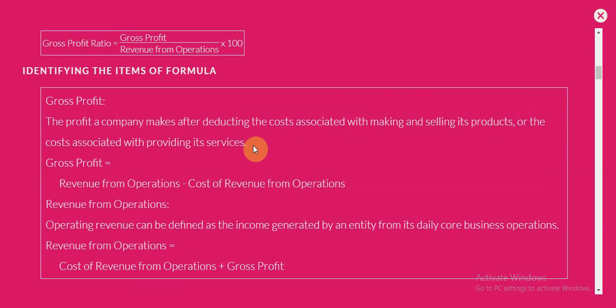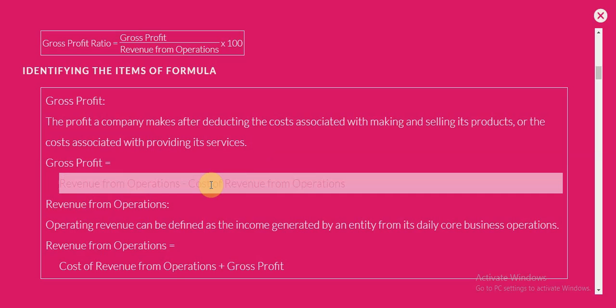See friends, revenue from operations is the net sales. So whatever cost is incurred to make those sales, all of those direct costs are the cost of revenue from operations. So gross profit is nothing but revenue from operations minus cost of revenue from operations.